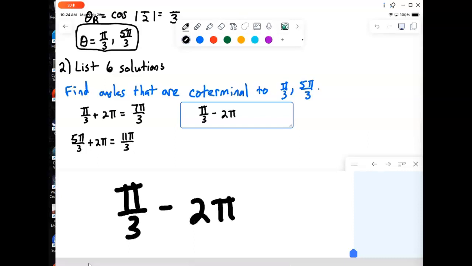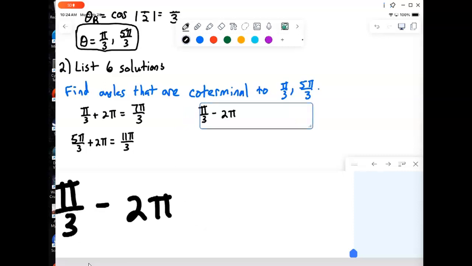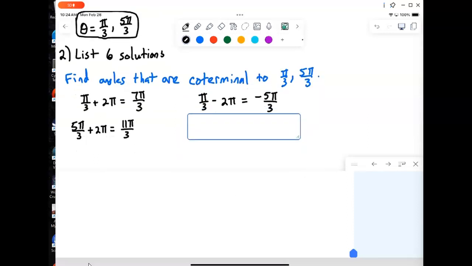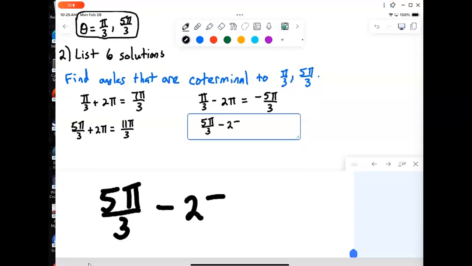In the case here, if we took off 2 pi, pi over 3 minus 2 pi, that would be 1/3 minus 2, which is negative 5/3. So negative 5 pi over 3. And likewise, if we took the 5 pi over 3 minus 2 pi, we get negative pi over 3.